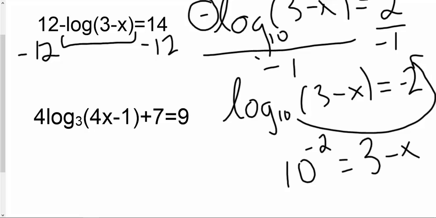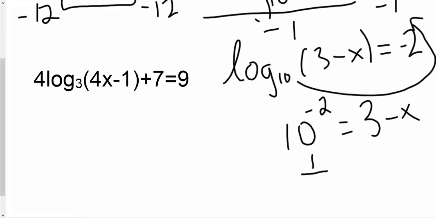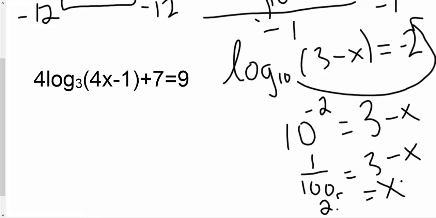From here, we will get 1 over 100 equals 3 minus x. So we can say that x equals 2.99, or you could do 299 over 10 if you wanted, but that's being a little extra.